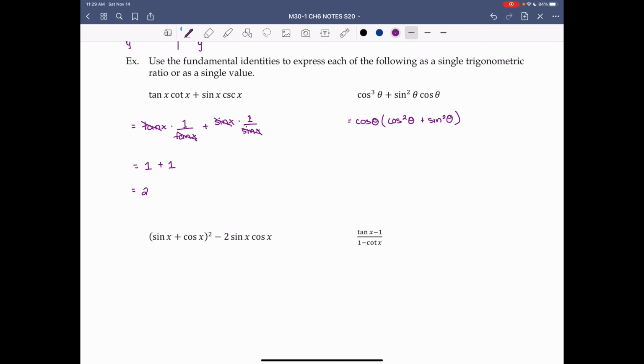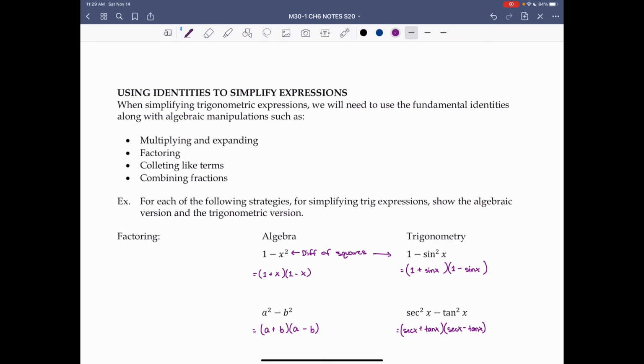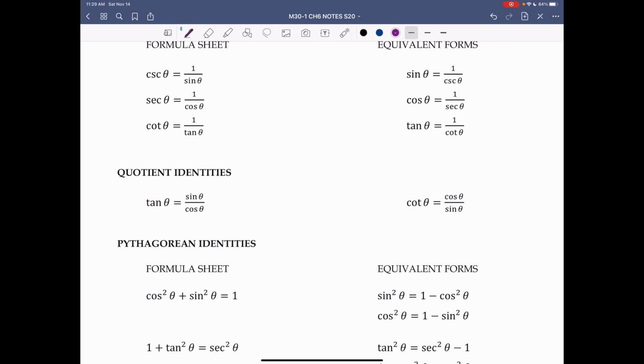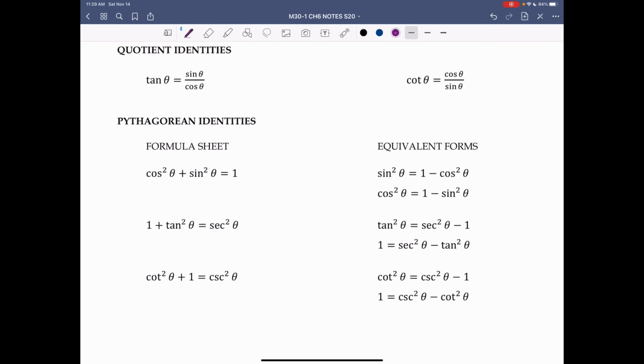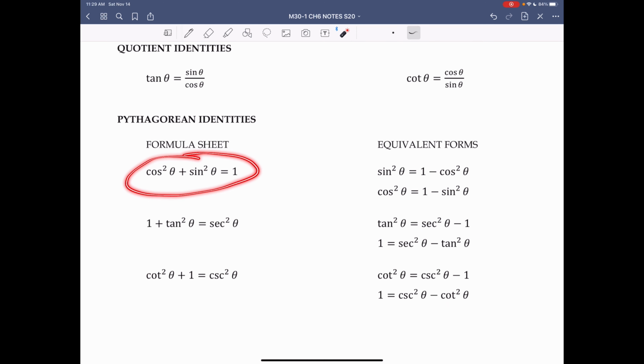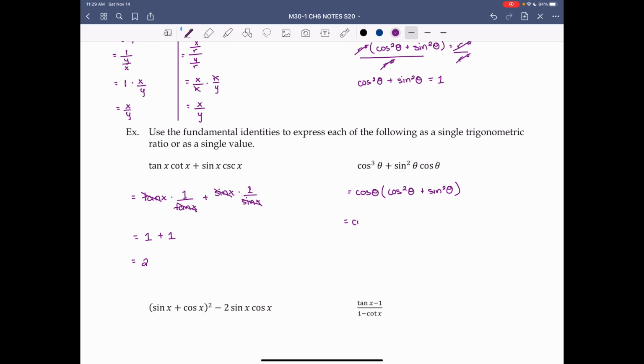But if I look back to my formula sheet, cos squared theta plus sine squared theta equals 1. So I can replace cos squared theta plus sine squared theta with 1. Then I get cos theta times 1, which just equals cos theta.